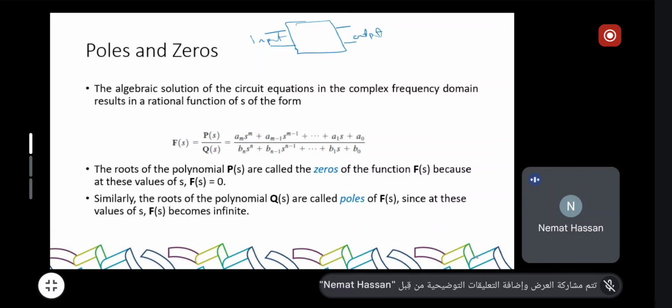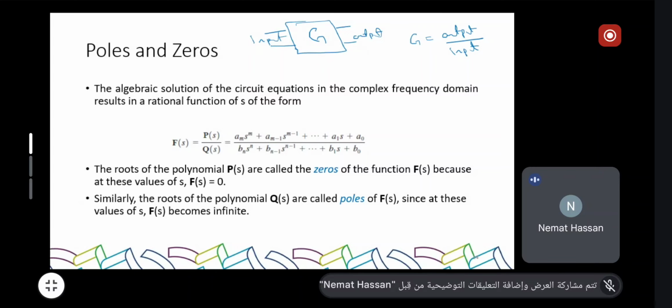Now the input and output could be voltages, they could be currents, they could be a combination, it doesn't matter. But we feed it an input and it gives us an output, and basically it goes through a gain. So in other words, this gain or this transfer function, as we referred to it last week, is basically the output divided by the input. And this is the transfer function of a system.